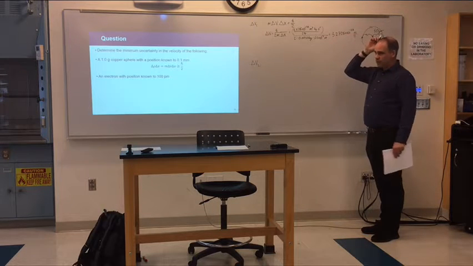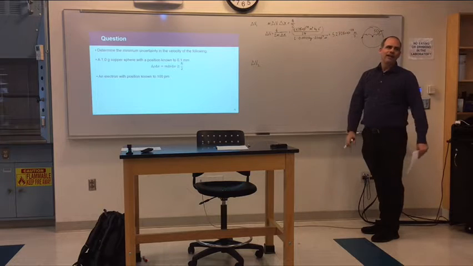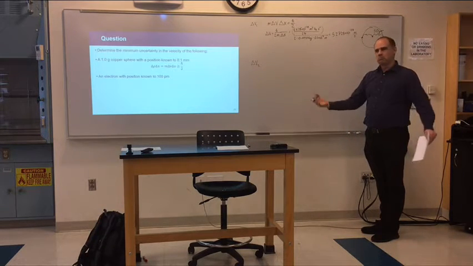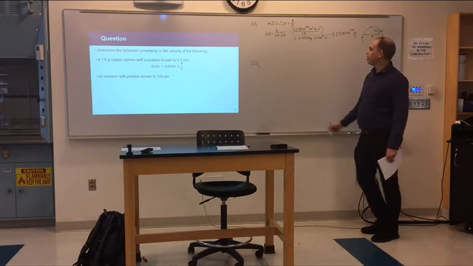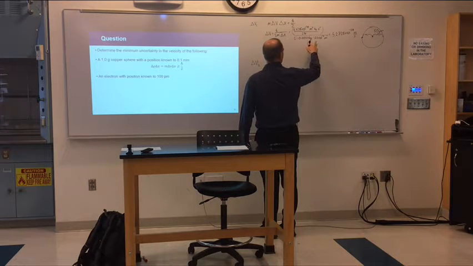For the second one, let's say we're talking about an electron, and we know that it's somewhere in the hydrogen atom diameter, which makes sense. We know what's in there. So what's the uncertainty of how fast it's moving? We can do the exact same thing, plugging in the same values. The only real difference are going to be these two bottom numbers.